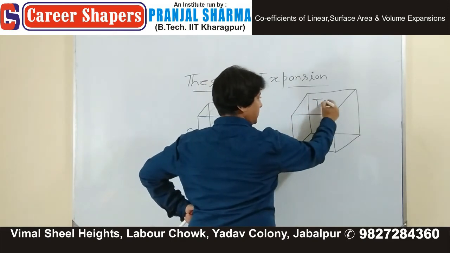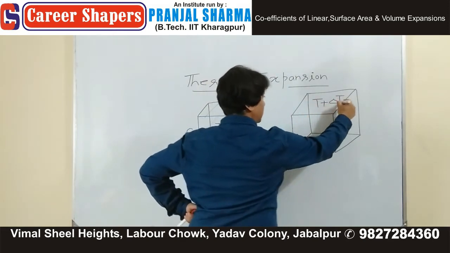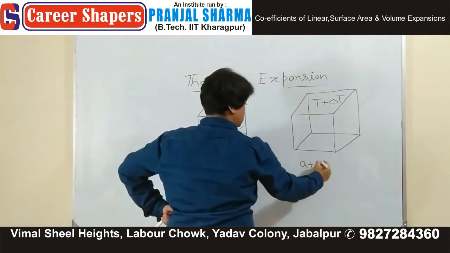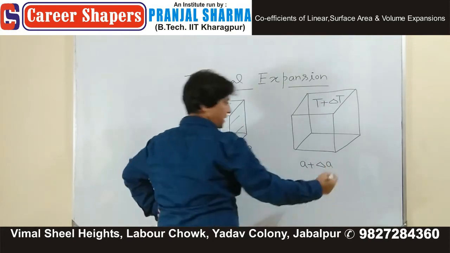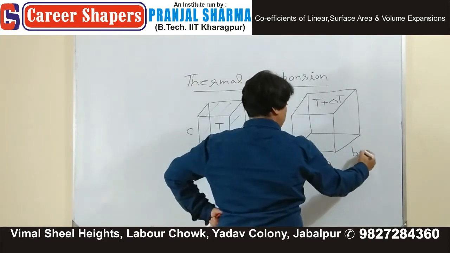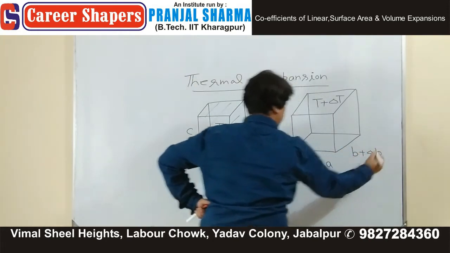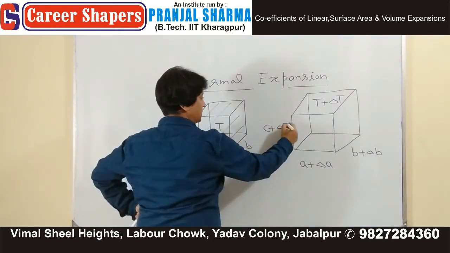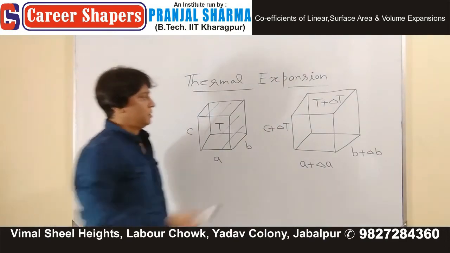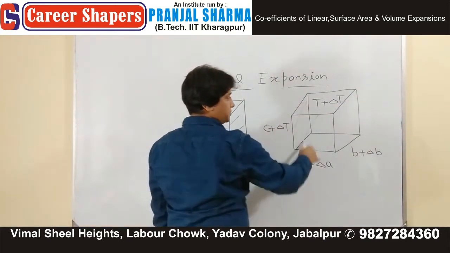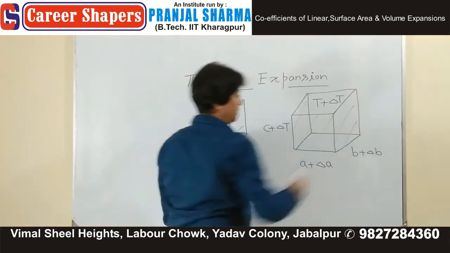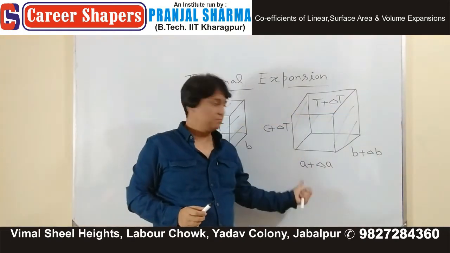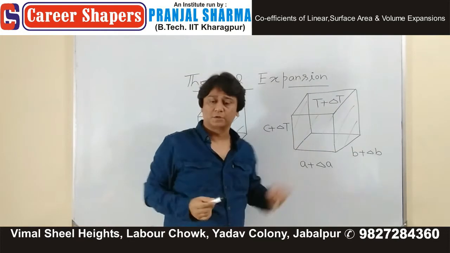The temperature is T plus delta T. This side becomes A plus delta A, this becomes B plus delta B, and this becomes C plus delta C. So your solid cube, when you raise the temperature by delta T, that's how it looks.